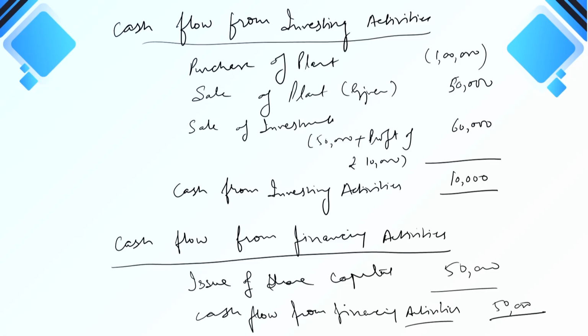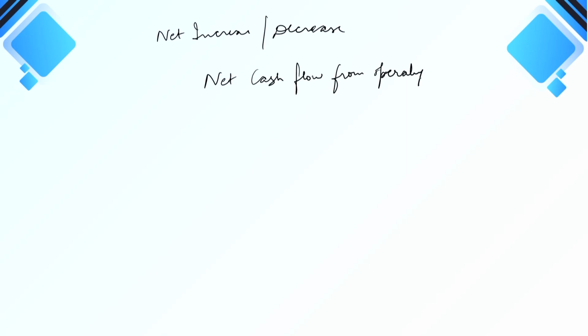So we have computed all the three components of the cash flow statement. Now we can find out the net increase or decrease in the cash. So first we computed net cash flow from operating activities, which was 2,51,200 rupees.